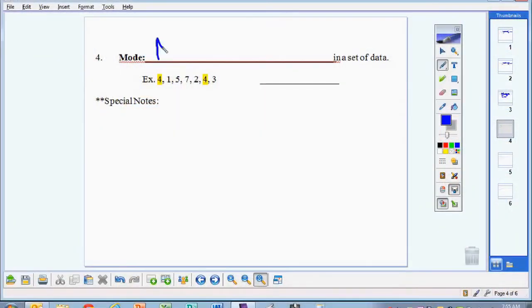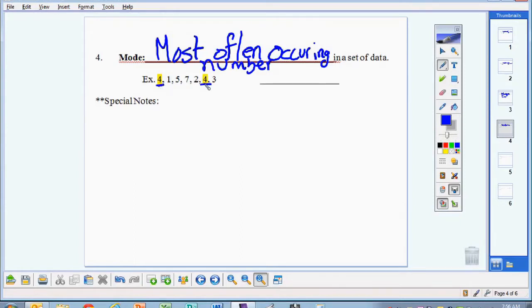Mode is the most often occurring number in the set of data. So here in our example, 4 appears twice, so 4 would be the mode.